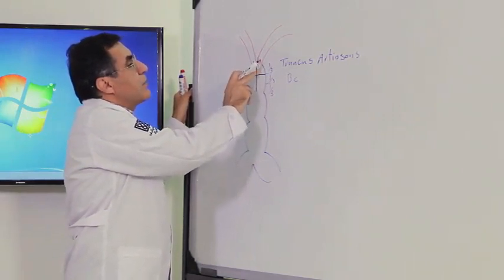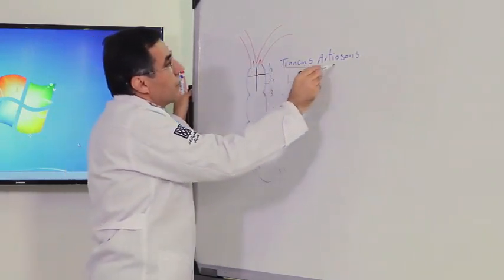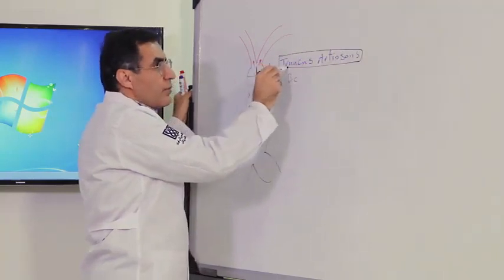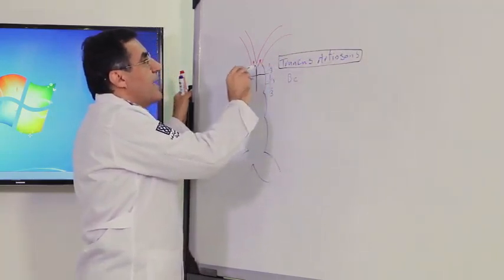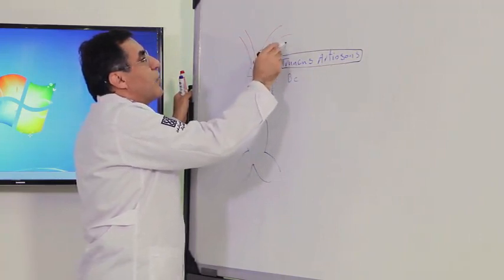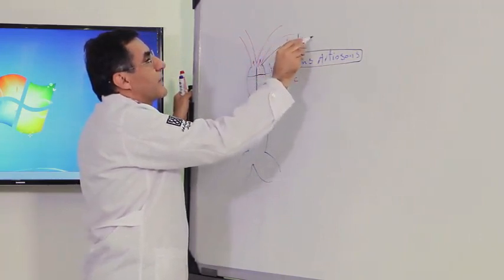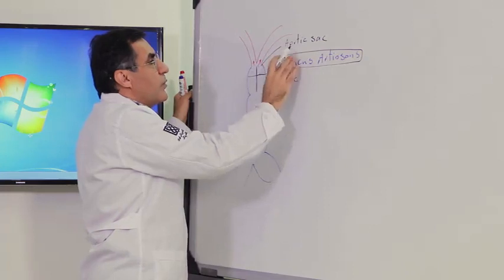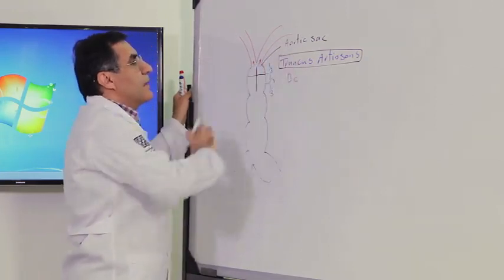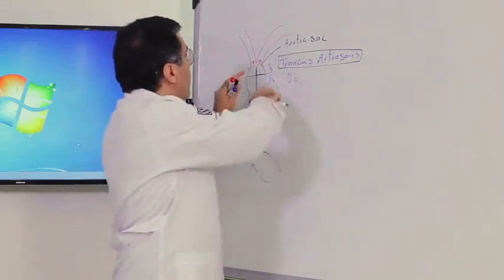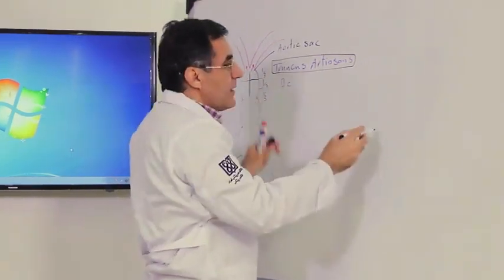The uppermost part of the truncus arteriosus is called the aortic sac. It means that this aortic sac is the uppermost part of the truncus arteriosus. Now I draw this part again here.